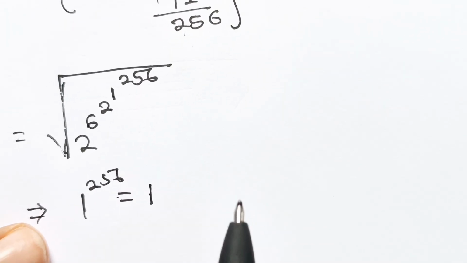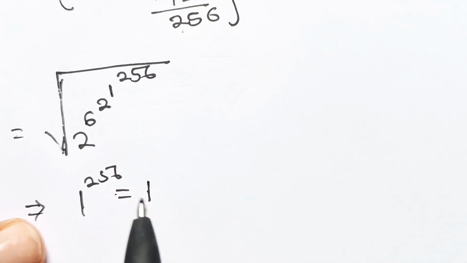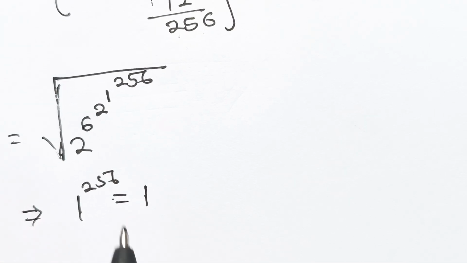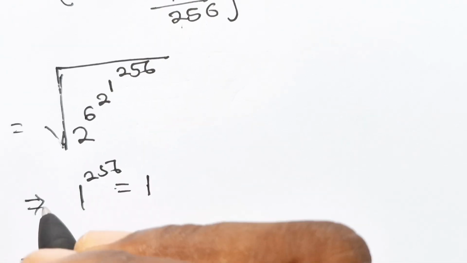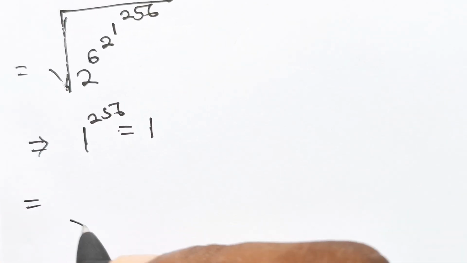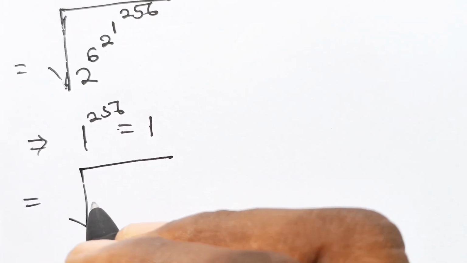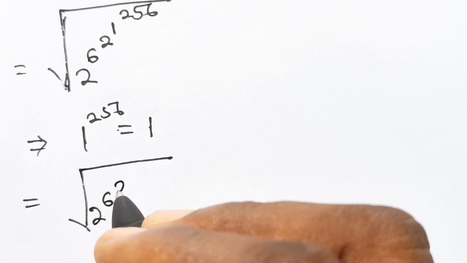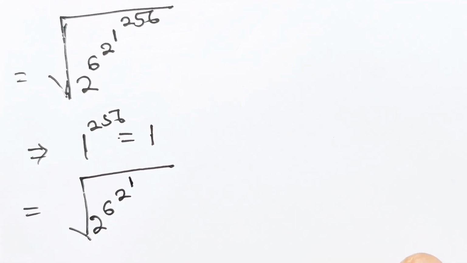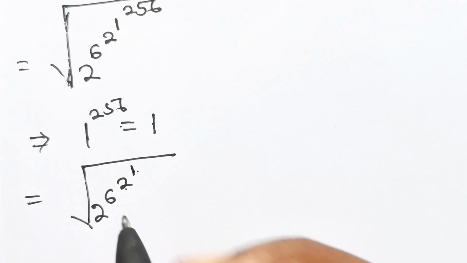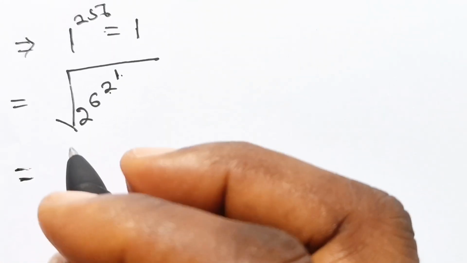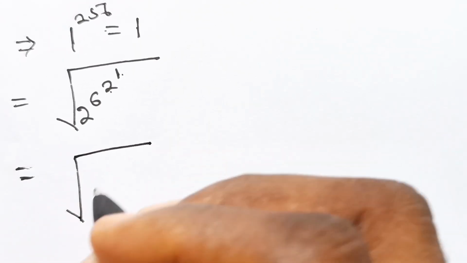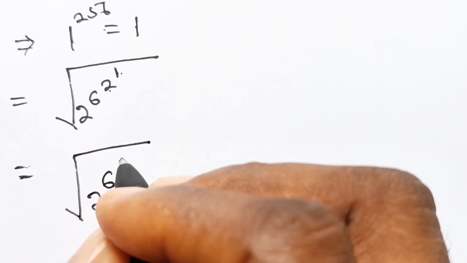Any number that you raise 1 to becomes the same thing; 1 to the power of anything is still 1. So we are still working on the square root of 2 to the power of 6 to the power of 2 to the power of 1. Now 2 to the power of 1 is 2, so we are still working on the square root of 2 to the power of 6 to the power of 2.